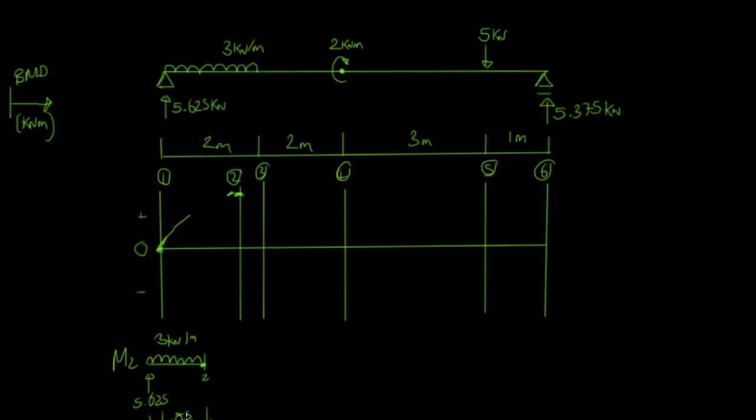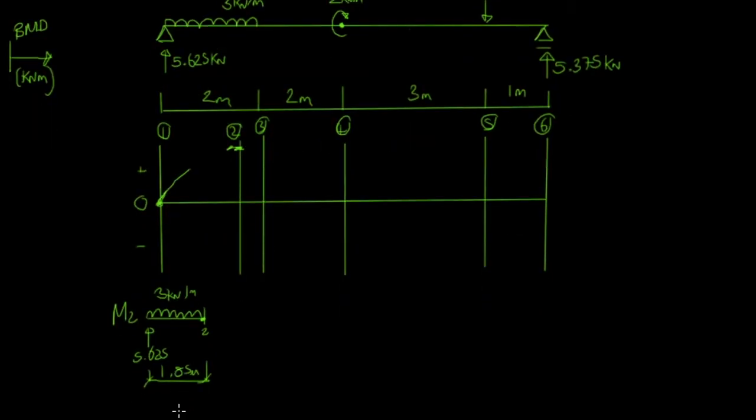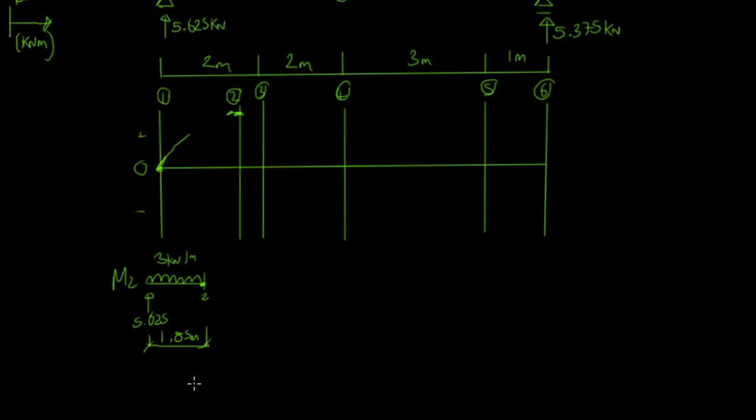so 1.85 meters. So if we look at this equation and we assume everything going clockwise is positive and any forces pushing us down anti-clockwise is negative, we get this. So we've got 5.625 kilonewtons times 1.85 meters. Take away 3 kilonewtons per meter line load times 1.85 meters, and then times the centroid of that, because that force is acting at the centroid of that line load.